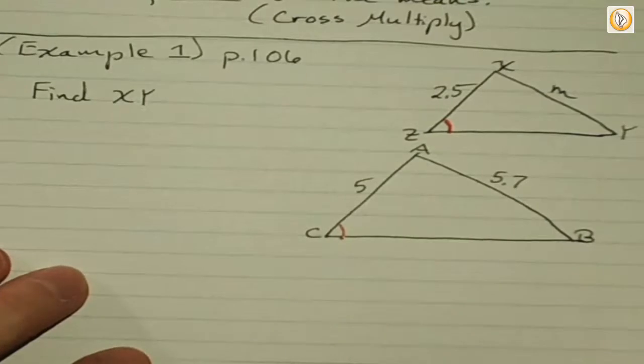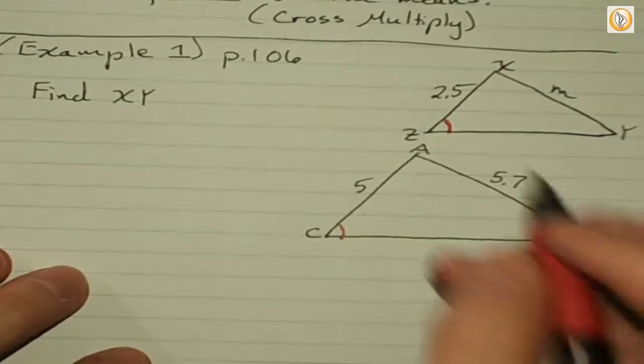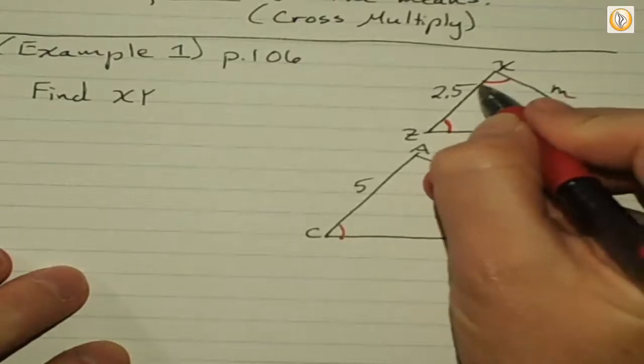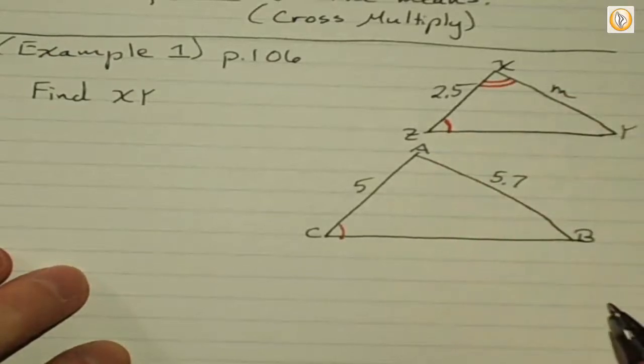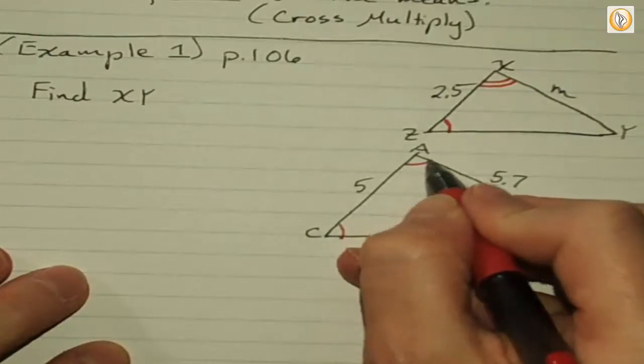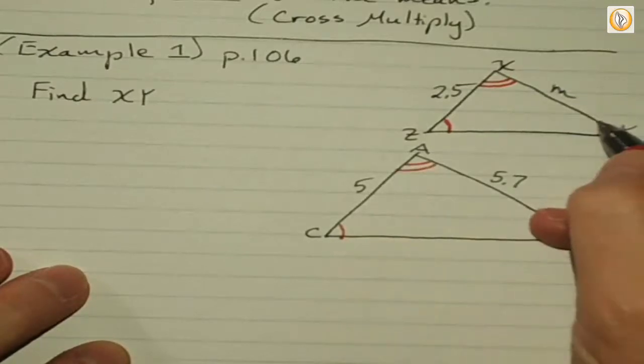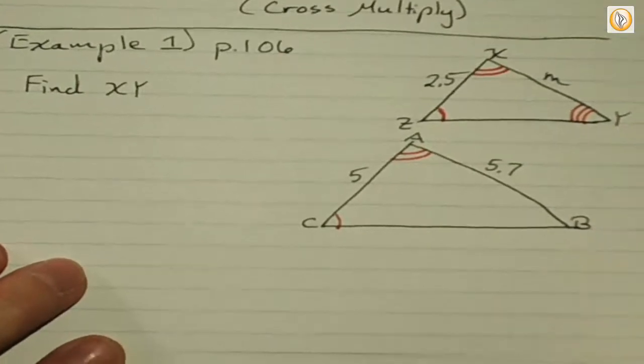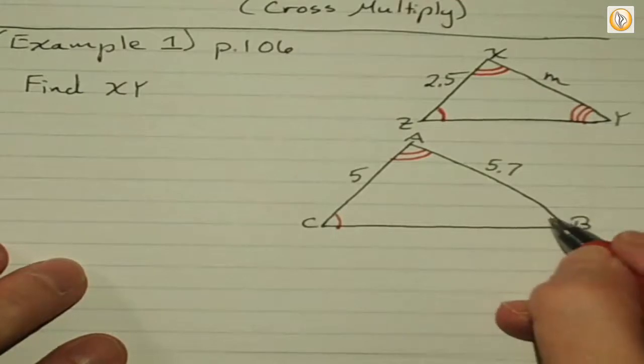Does everyone see that? Okay. Angle X is congruent with what angle, Michael? A. Very good, Michael. And angle Y. Notice that my lines are different for each one. Angle Y is congruent with what angle, Emily? Very good, Emily.